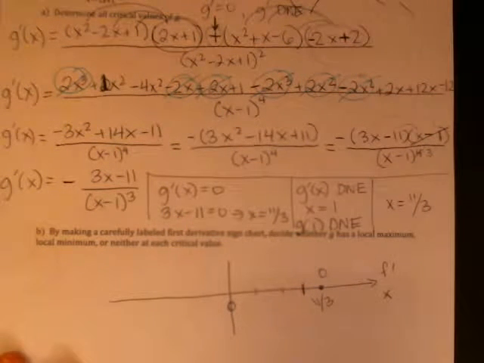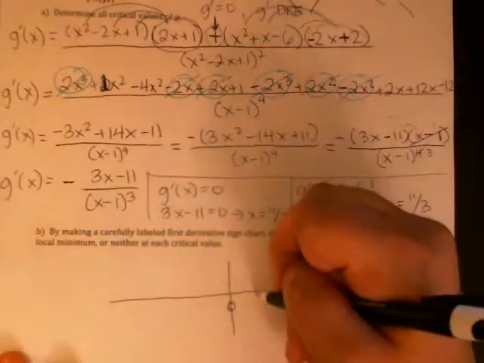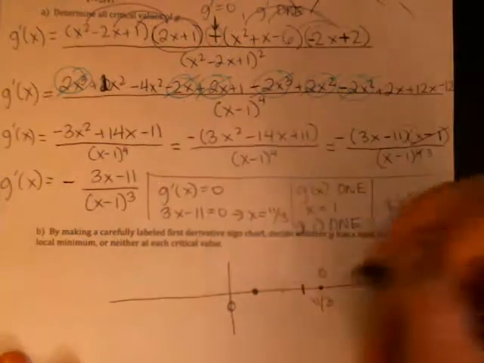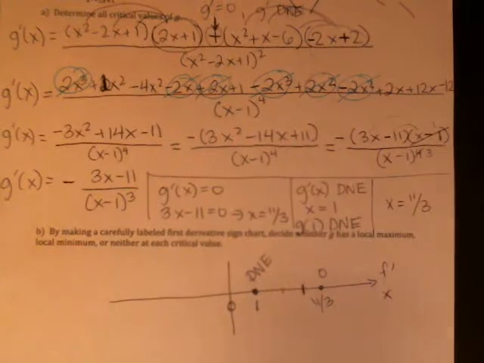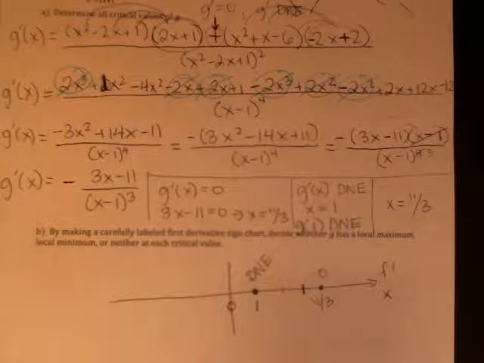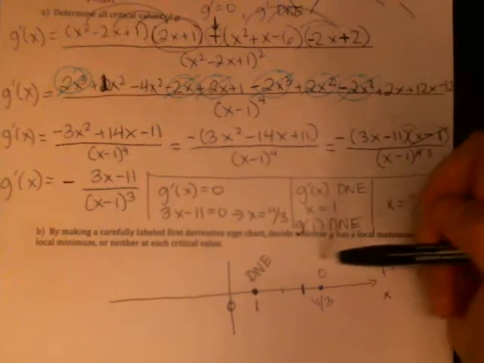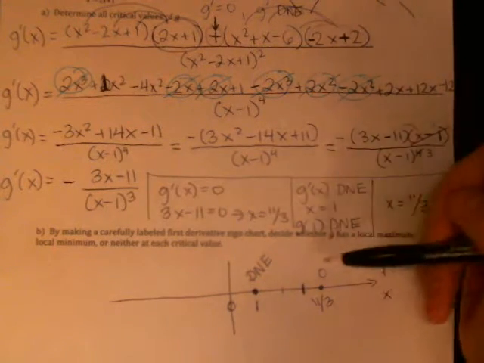I'm also going to mark off x equals 1, but I'm going to remember that no matter what's going on in my sign chart, there's no way that I would ever call that a max or a min. The derivative might change signs there, but I'm not going to find a max or a min there. All I care about is what's happening on either side of 11/3.